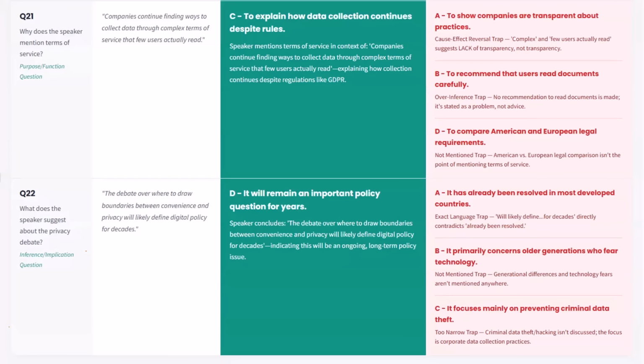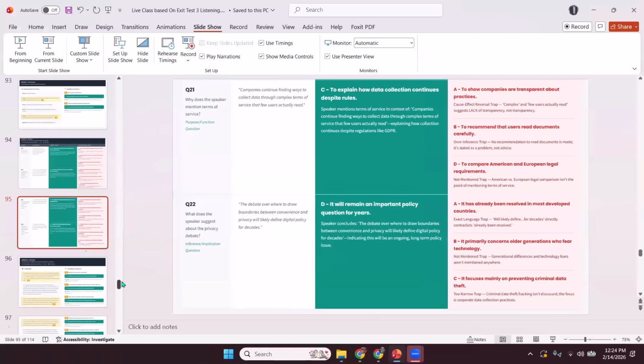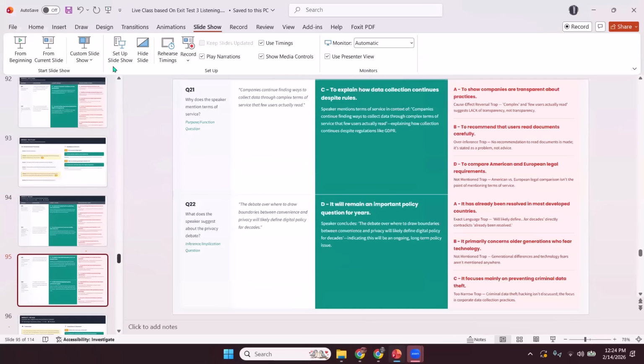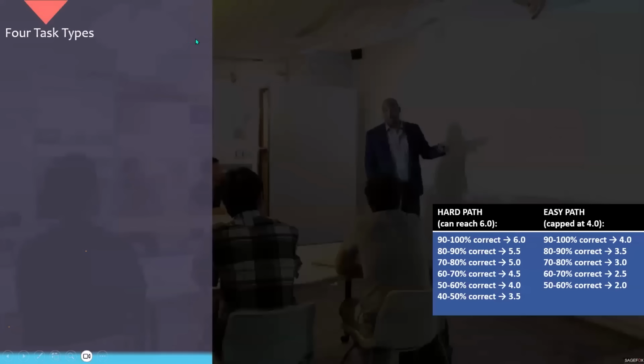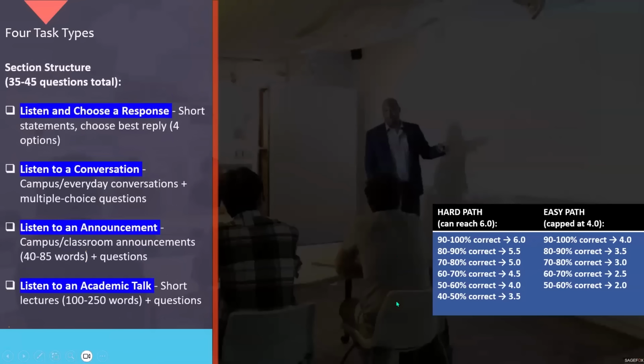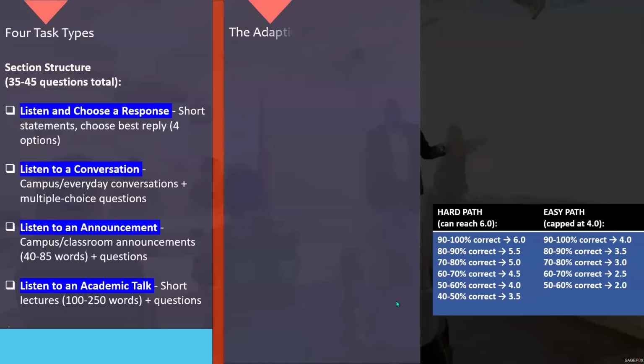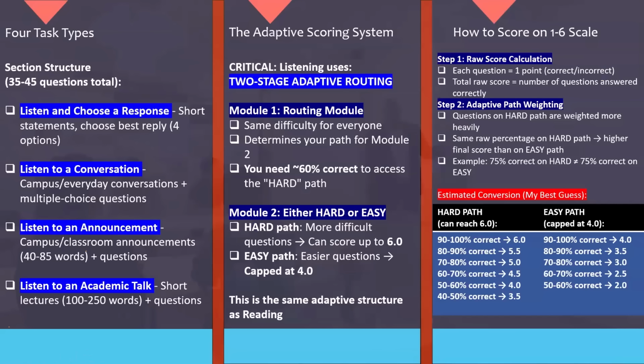All right, does everybody have their percentages calculated? I'm going to go back to the screen so you can get an idea of where you are. I'll have to go back to the top. All right, this will give you a good idea where you are right now. So we're using the hard path method.